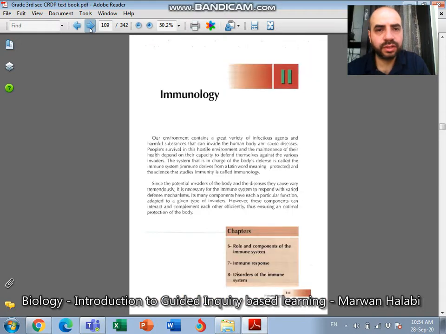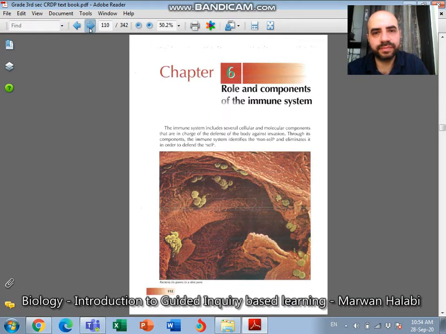When part 2 or unit 2 begins, they state the general title of it. Let's say it's immunology. They put an introductory paragraph or an essay that gives an overview about this unit, and they put the names of the chapters that are included in this unit.